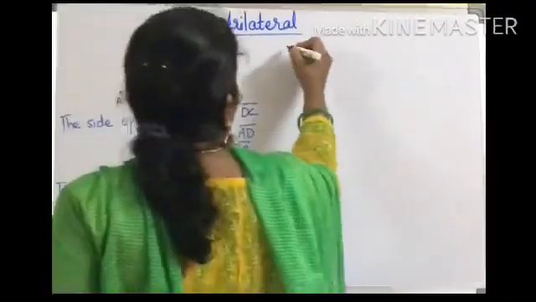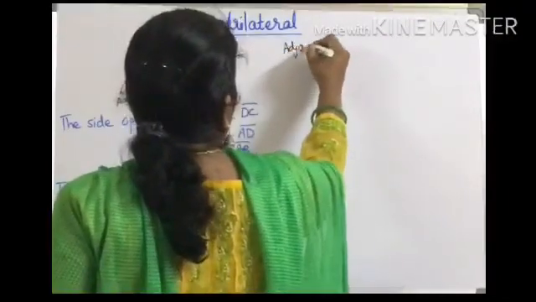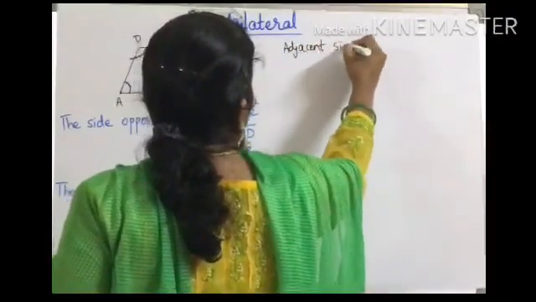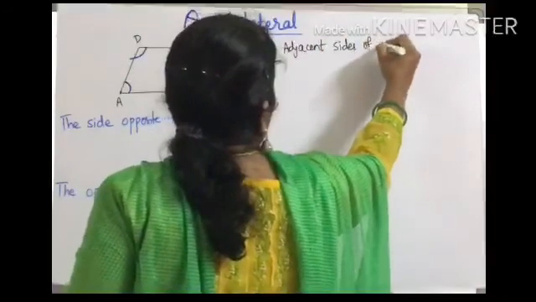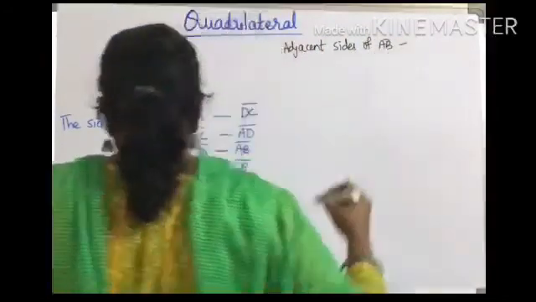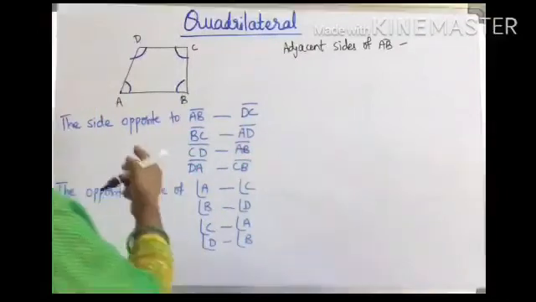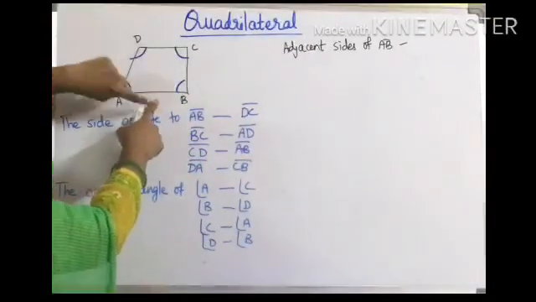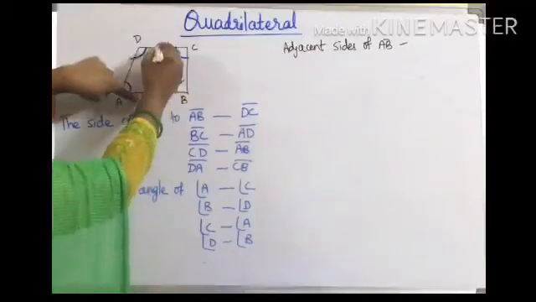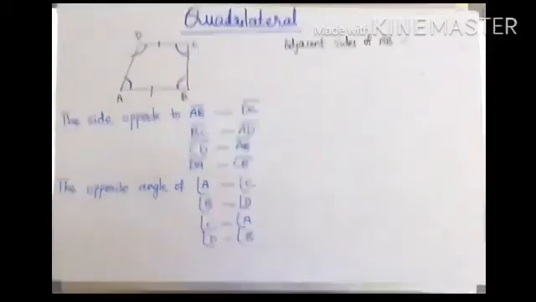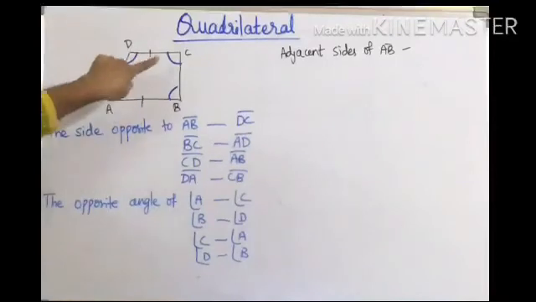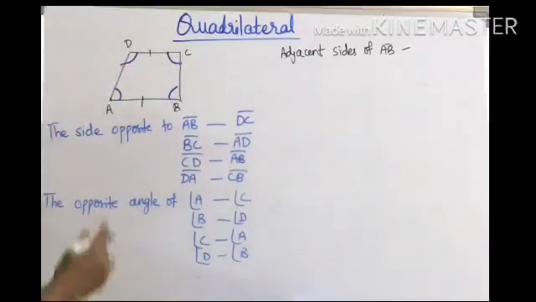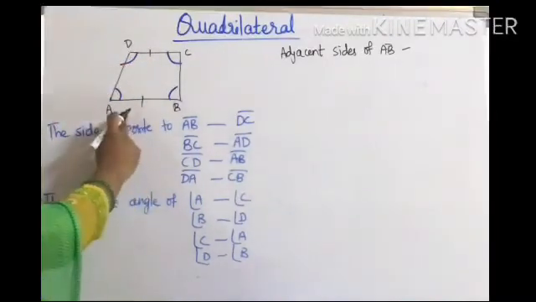Now, coming to adjacent sides of AB. So, you are going to get two adjacent sides. If you see, children, here opposite of AB is what? DC. So, quite opposite. These two are opposite. Then what are the adjacent sides of AB?